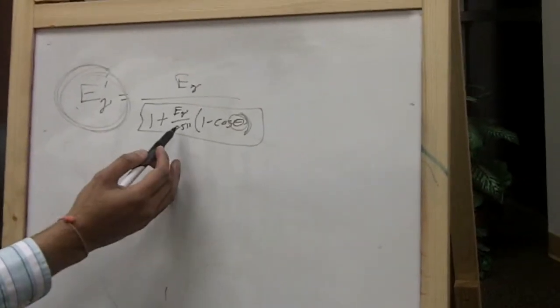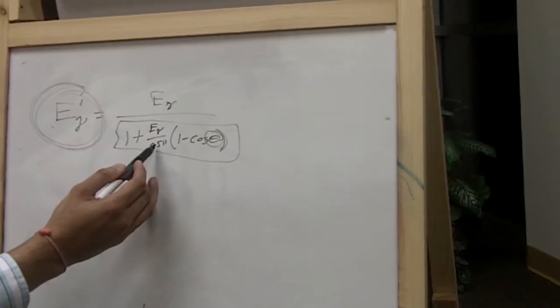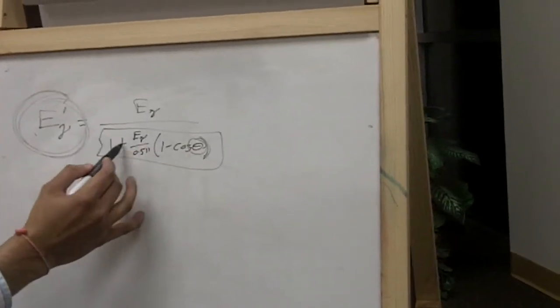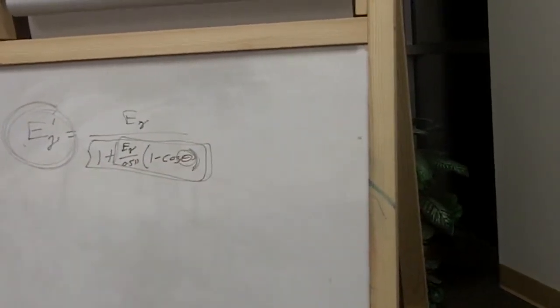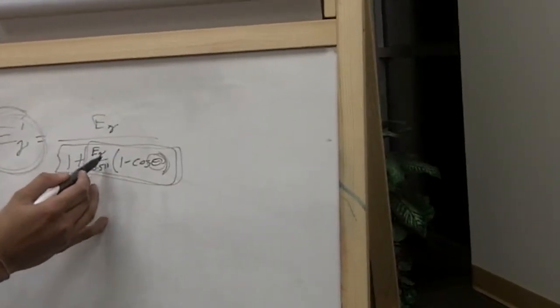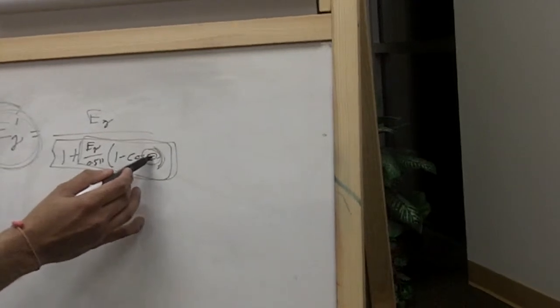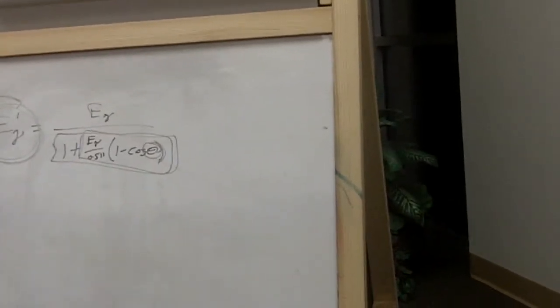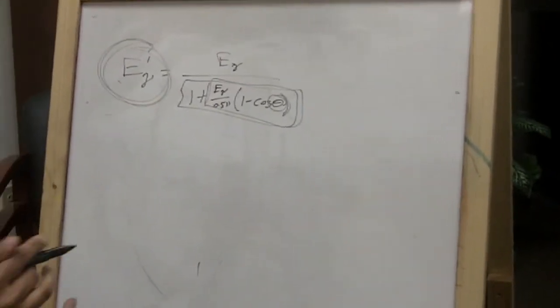We're doing 1 plus something. This 1 we can't change, and this we can't change. The only thing that we can change is the angle at which that photon is going off.